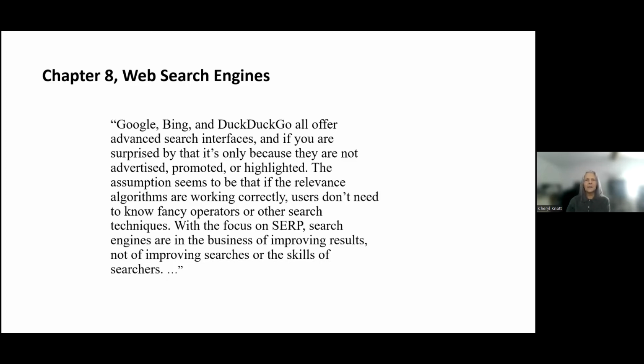So that's the assumption, but I think students need to be aware that, as the last sentence here says, search engines are in the business of improving results and not necessarily in the business of helping you improve your searches or your skills as a searcher.